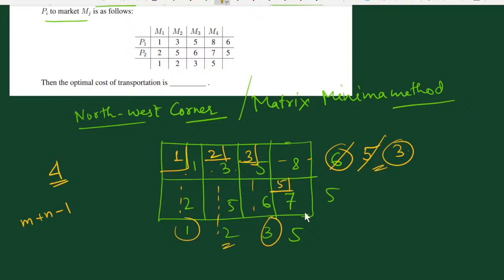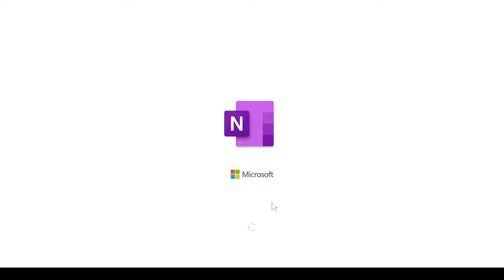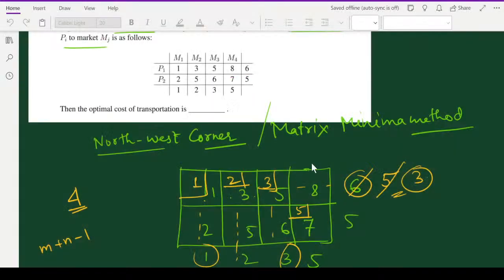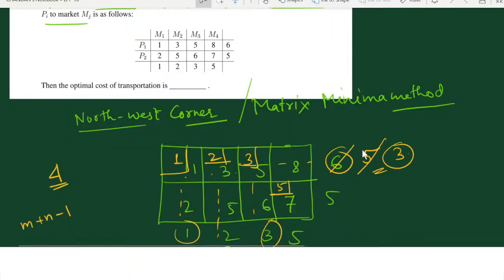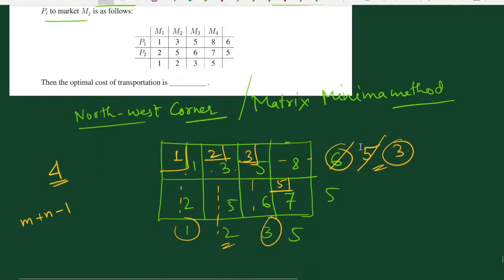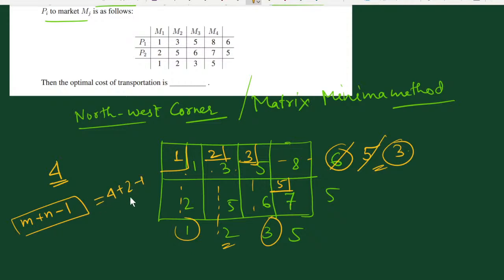Here the order of the matrix is 4 by 2, so this is 4 plus 2 minus 1, which is 5. But the number of cell allocations is 4.